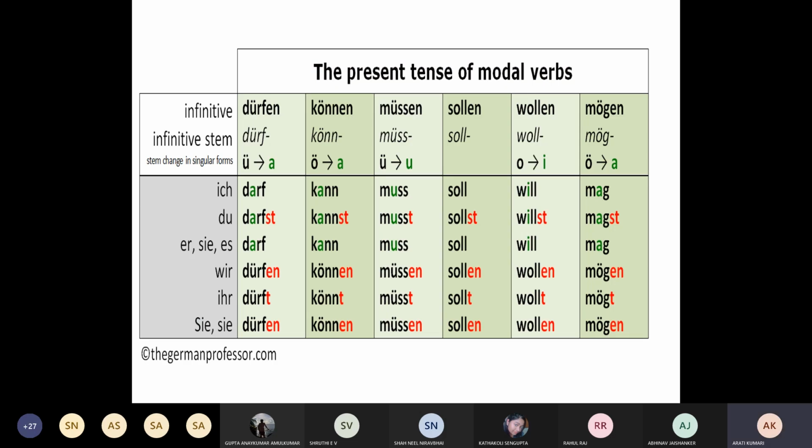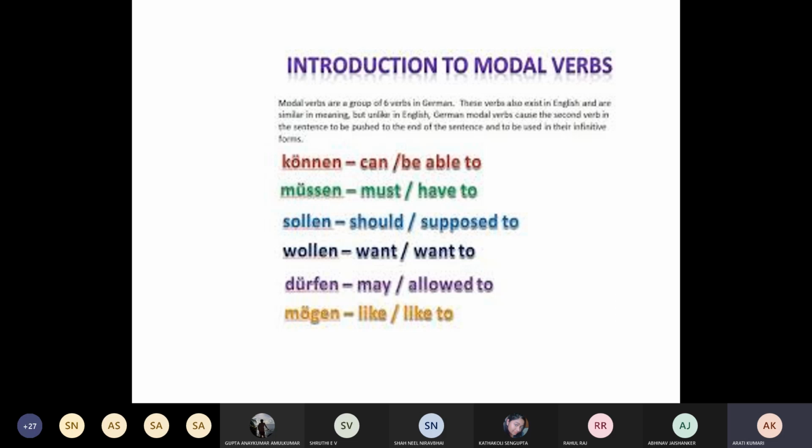Now we have one more last, which is mögen. So mögen means, like, you like something. For that we use mögen. Okay. So, for example, if you want to say I like you, how do you say?